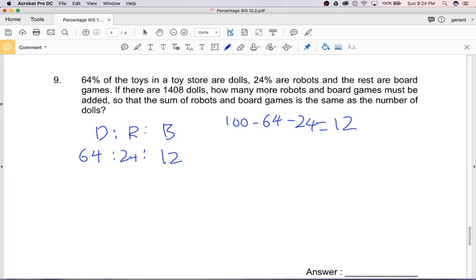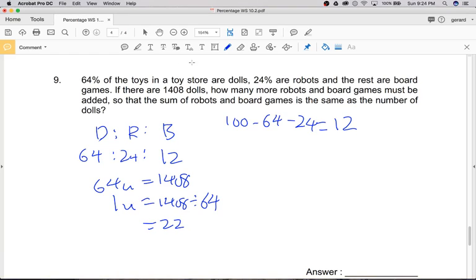Now if there are a total of 1408 dolls, how many of these two are added together? We know that 64 units is equal to 1408. Find what 1 unit is. 1 unit is 1408 divided by 64, which is 22.